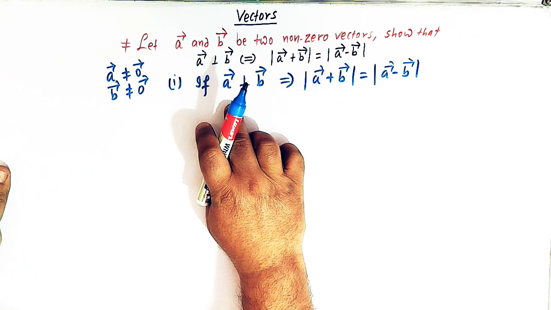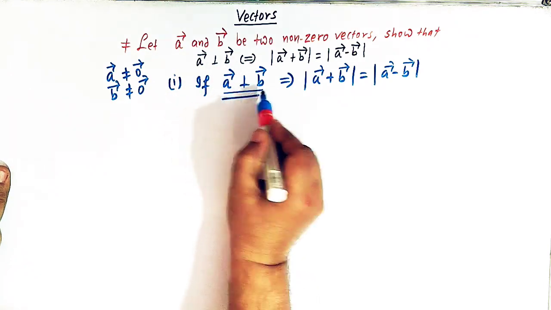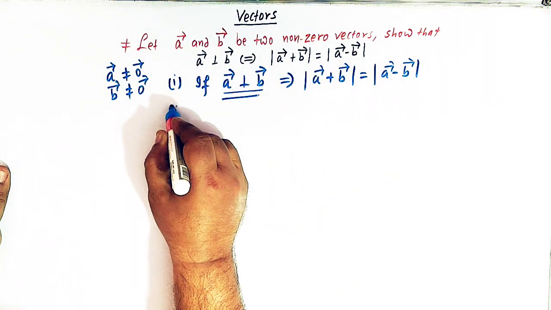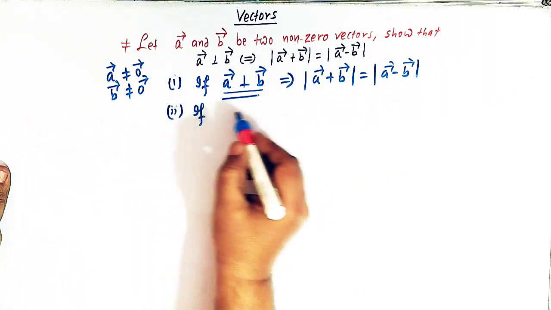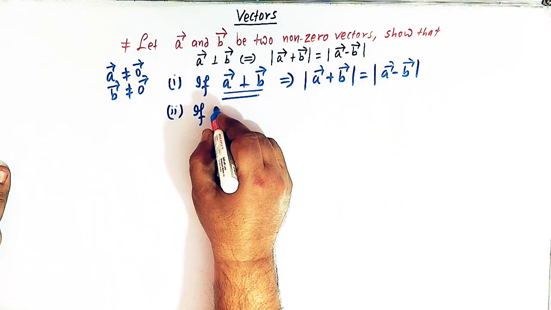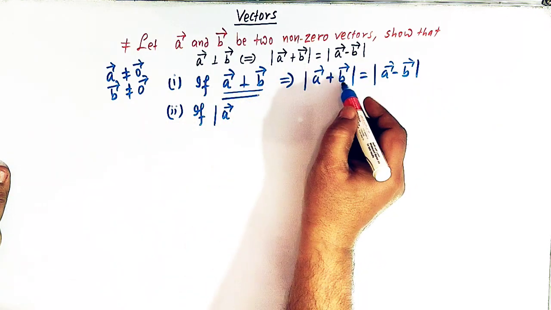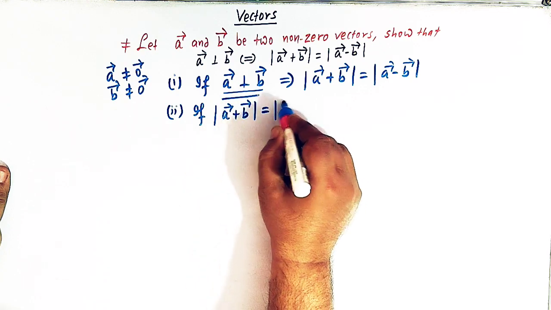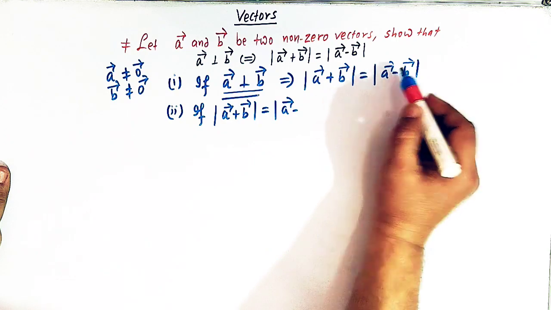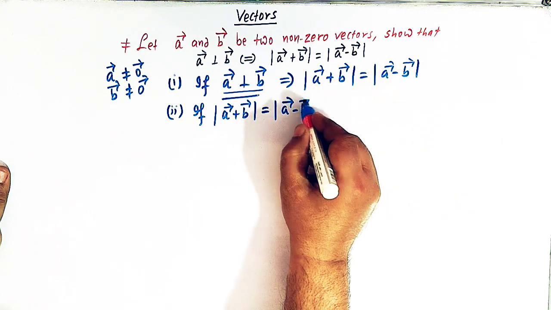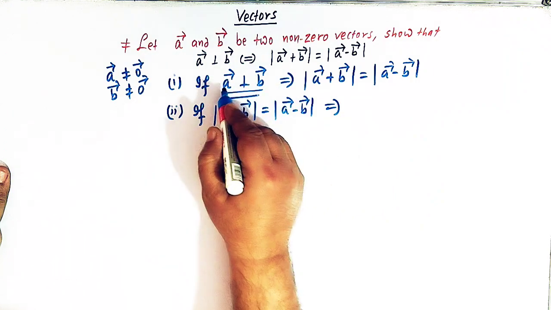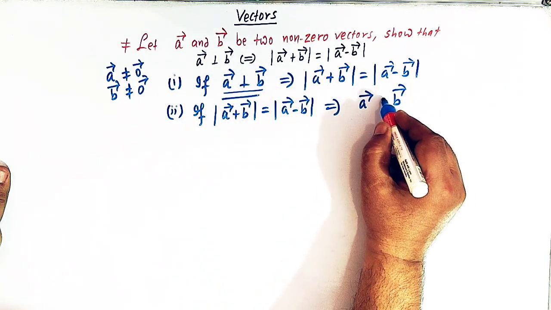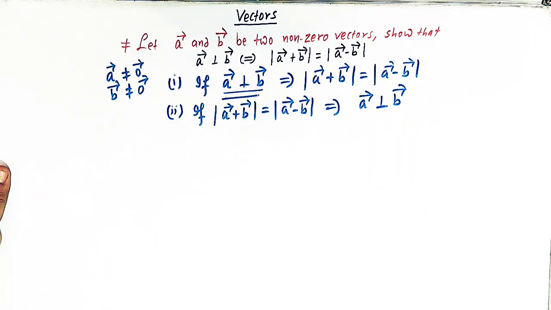In the second case, we'll prove that if the magnitude of A plus B is equal to the magnitude of the difference of the vectors A and B, then the two vectors A and B are perpendicular to each other, right?